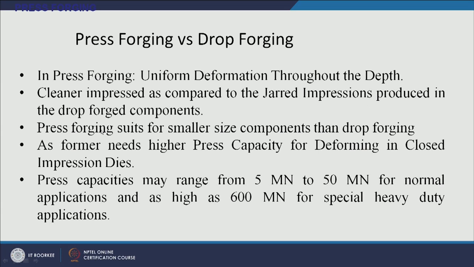Press forging suits smaller size components than drop forging, because the capacity limits the size of the components which can be made, since press forging needs a higher press capacity for deforming in closed impression dies. The press capacities normally range from say 5 to 50 million Newton for normal applications, but this can be much higher for special duty and heavy duty applications, like 600 million.